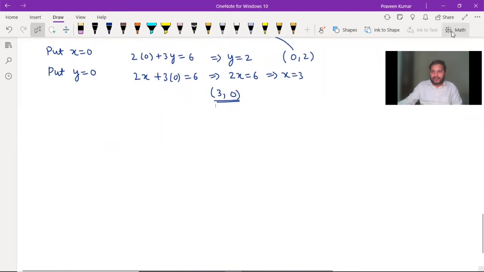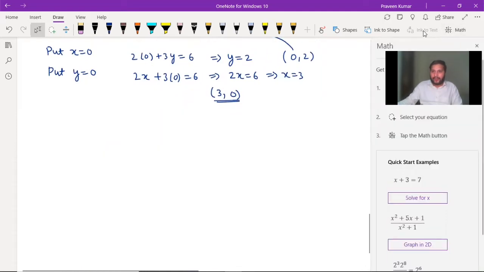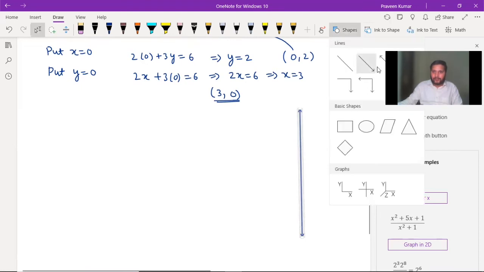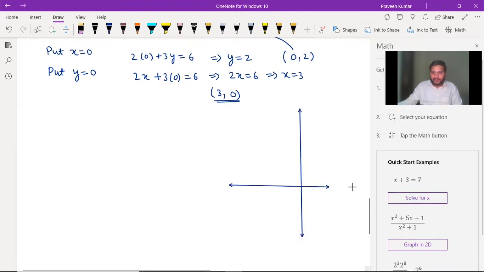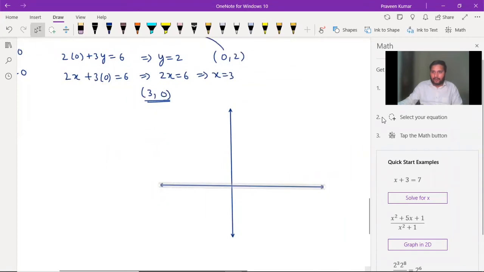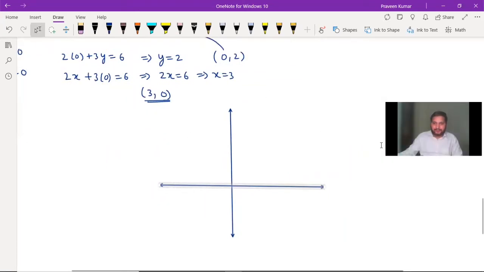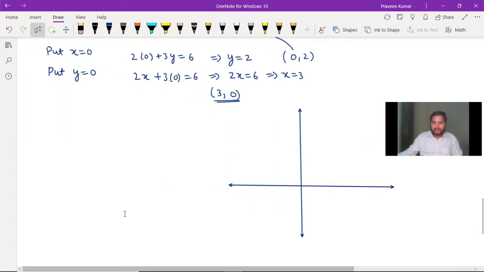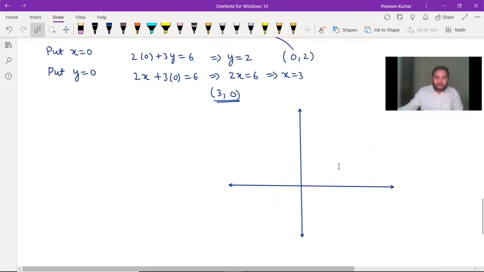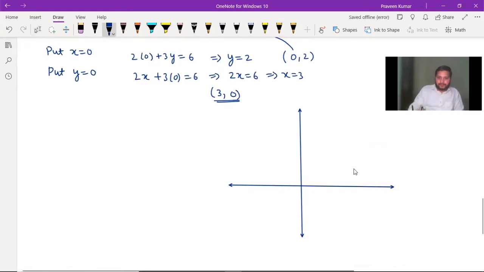So let us plot two perpendicular lines like this. One is this line, mutually perpendicular to each other. We will call one the x axis and the other the y axis. So this is my origin. This is the x axis.